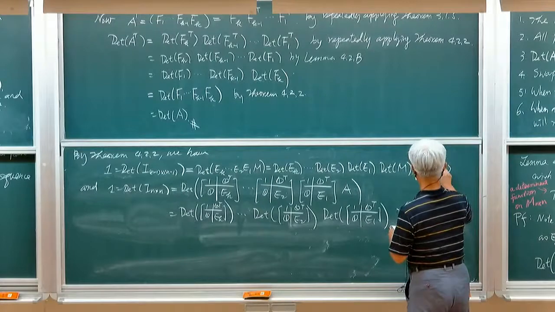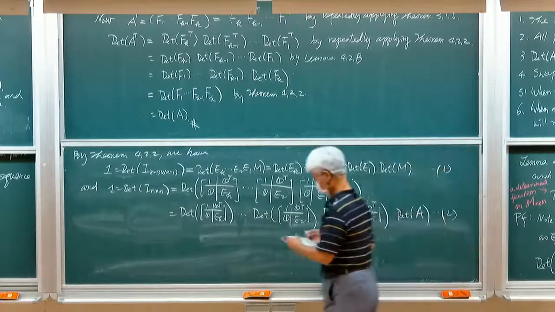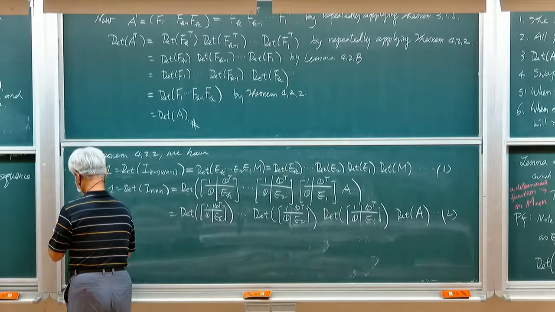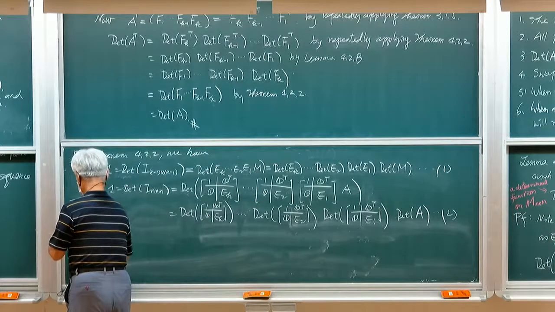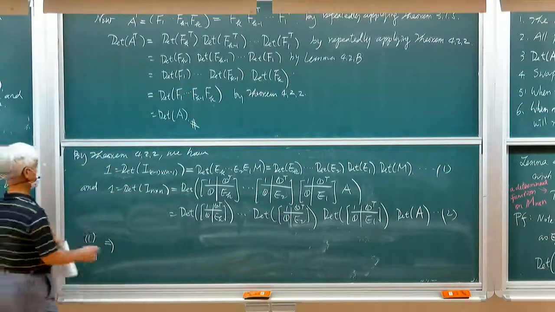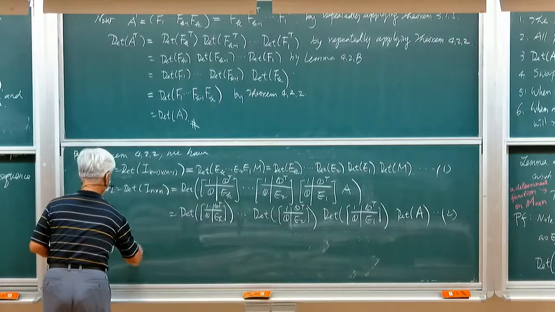All right, so this is 1, this is 2. And so we take 1 divided by 2. So the left-hand side is 1 divided by 1.